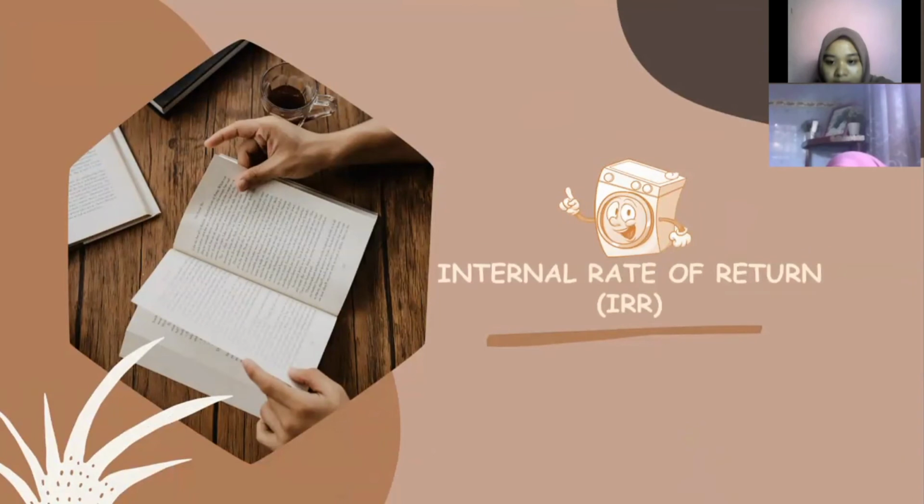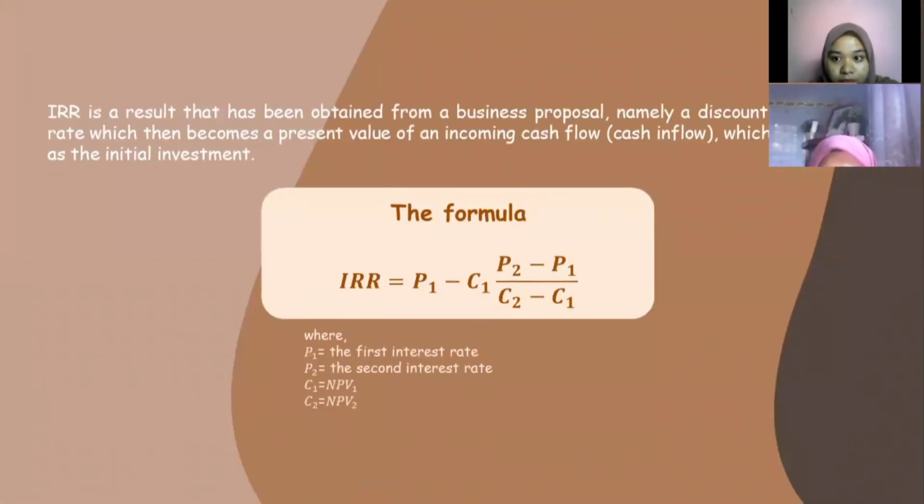And then the third method is internal rate of return or IRR. IRR is a result that has been obtained from a business proposal, namely a discount rate, which then becomes a present value of an incoming cash flow or cash inflow, which is the same as the initial investment.